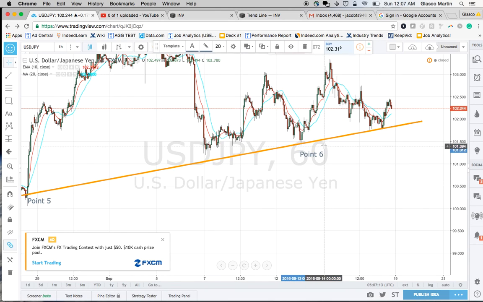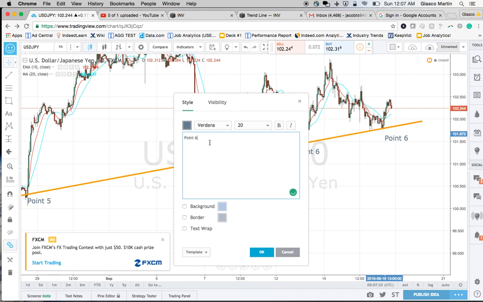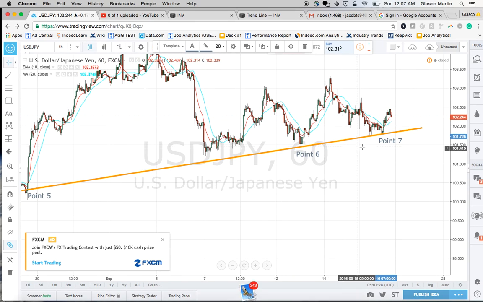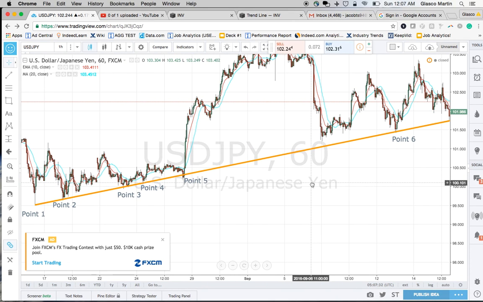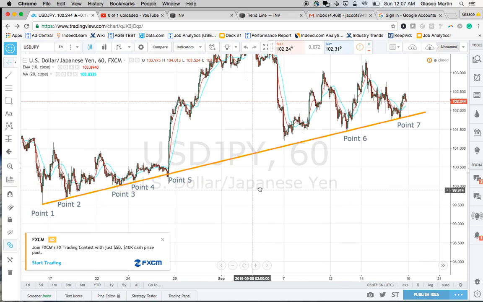Then point 7 will be right there. That could be another point right there because it still respected it. But you will see all these times that it bounces off this trend because it's on a long uptrend.